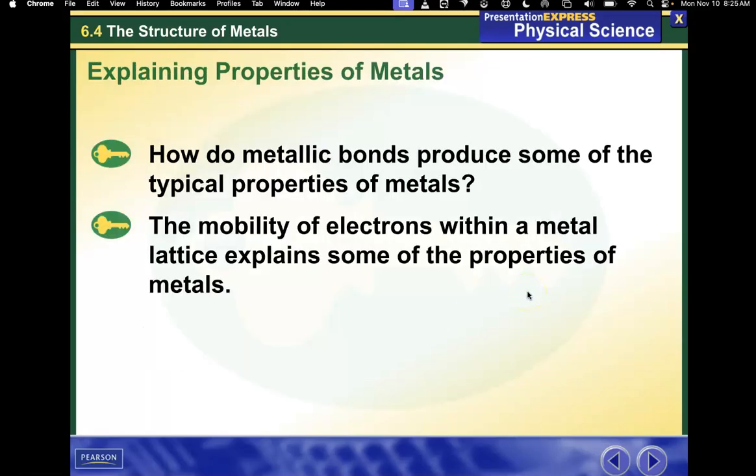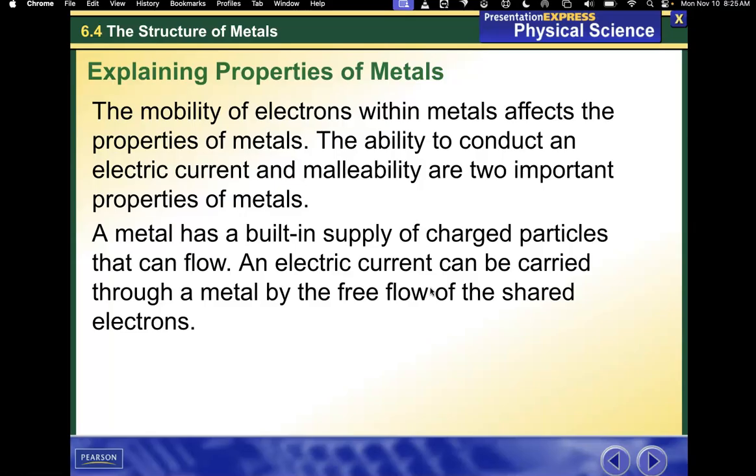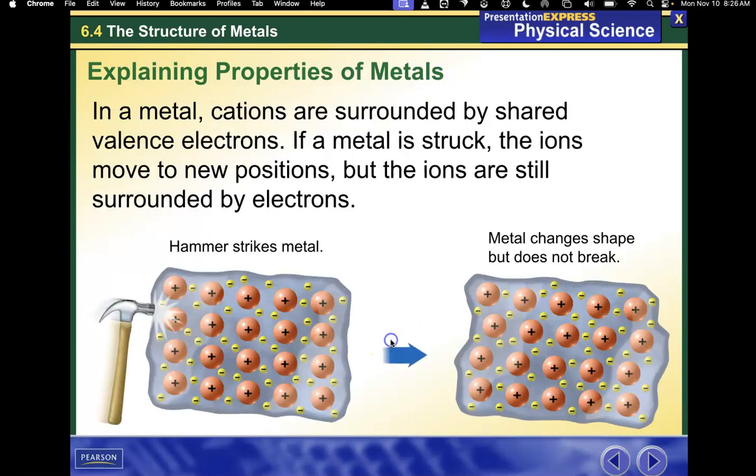How do metallic bonds produce some of the typical properties of metals? The mobility of electrons within a metal lattice explains some of the properties of metals. The ability to conduct an electric current and malleability are two important properties of metals. A metal has a built-in supply of charged particles that can flow. An electric current can be carried through a metal by the free flow of the shared electrons.